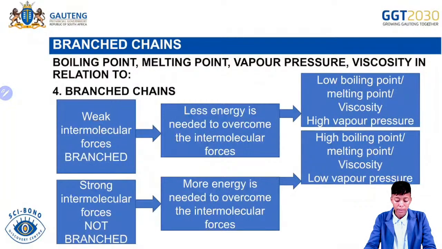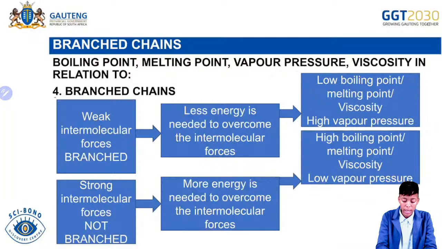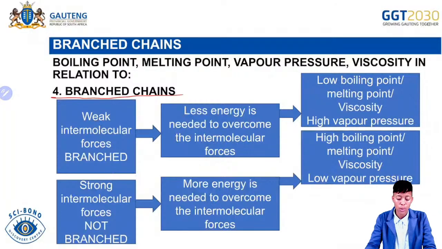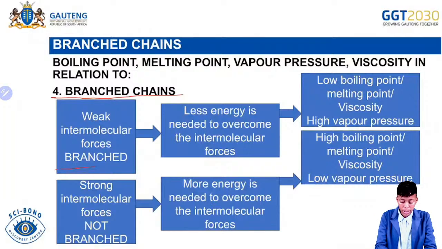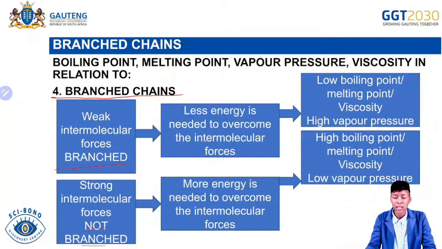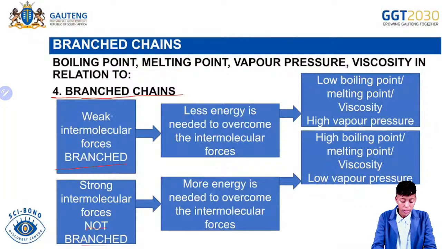If you have branch chains, this is now our number 4. Let's say this one is branched, and this one is not branched, it means that it is just going to be a straight chain. If you have a branched chain for the first one here, it means that you have weak intermolecular forces.